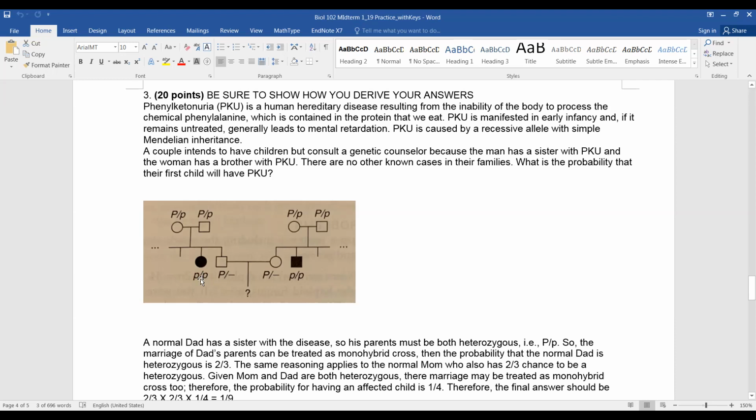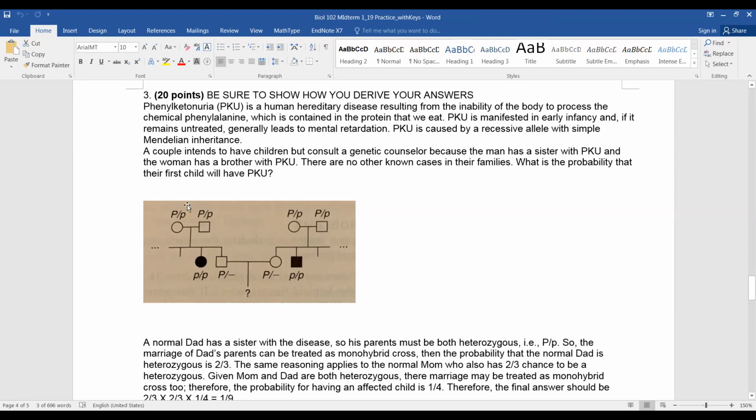Then we can immediately put down the genotype for his sister: homozygous recessive, aa. The same thing for this lady's brother. Because her brother is affected by the disease, we can put down the genotype aa here.